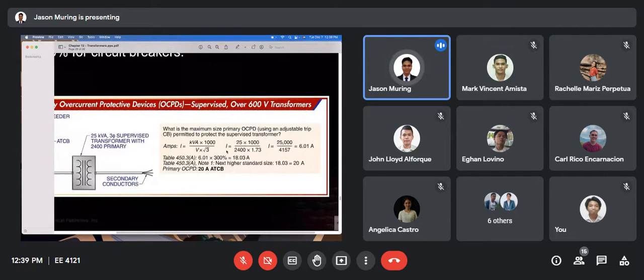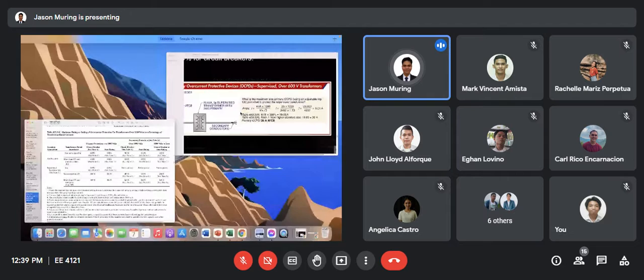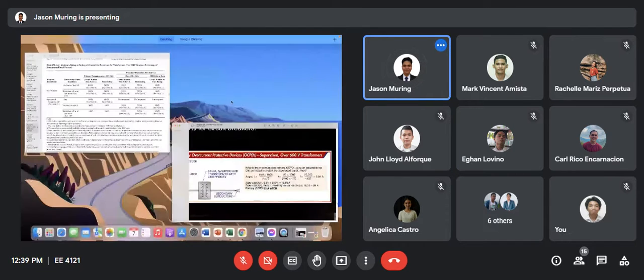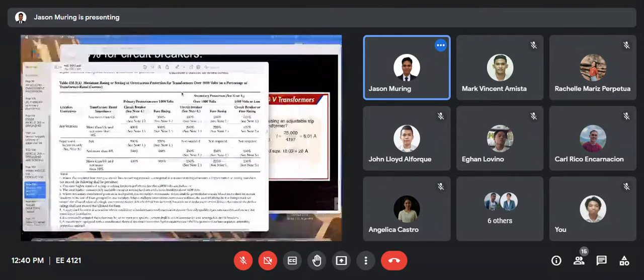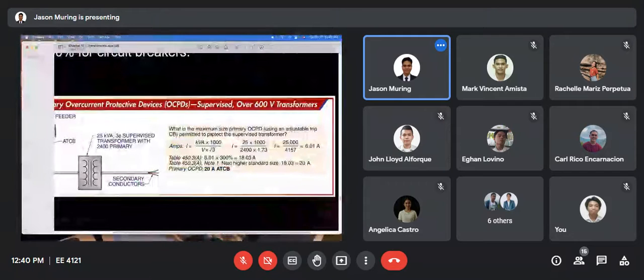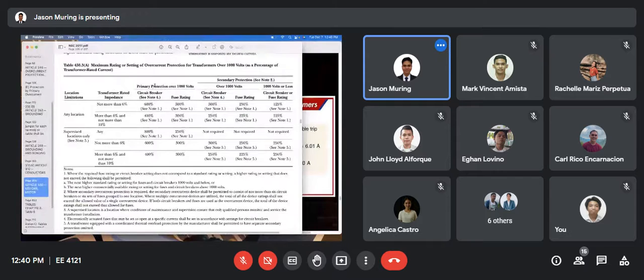Basically the same as using 300, but I cannot use this over 1000 because the voltage here is just over 600. So therefore it belongs to this primary. But this is the primary of the CPT. So probably something has changed already.